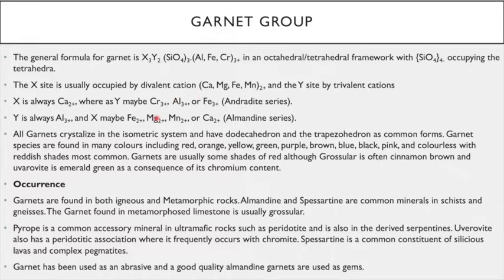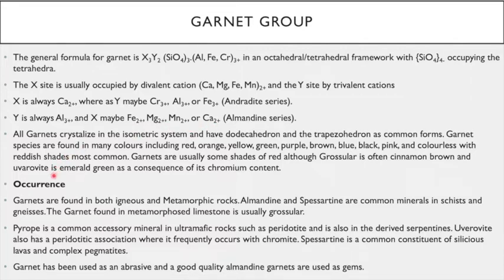So it could be chromium, it could be aluminium, or it could be iron, depending on that specific mineral's composition. Now in the almandine series, Y is constant, it remains the same, which is always aluminium or trivalent cations, and X is variable. Sometimes it could be iron, magnesium, manganese or calcium.